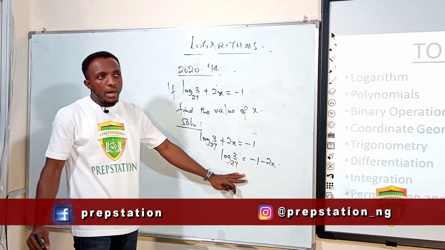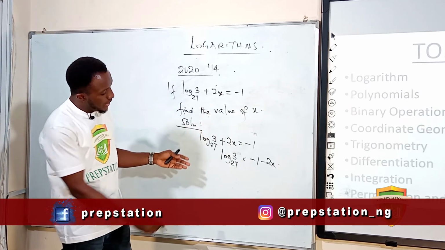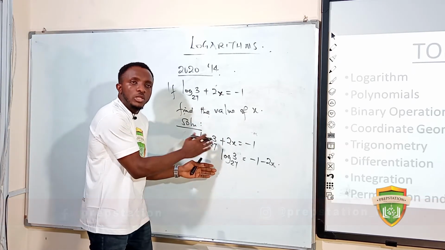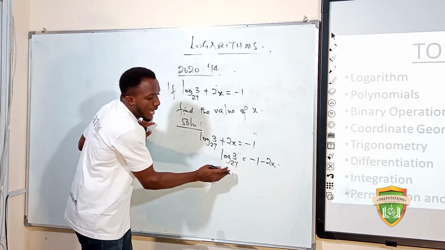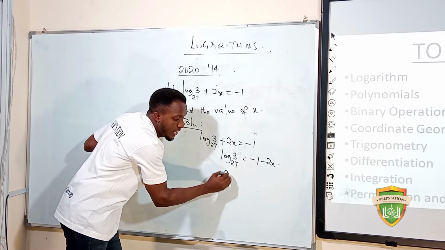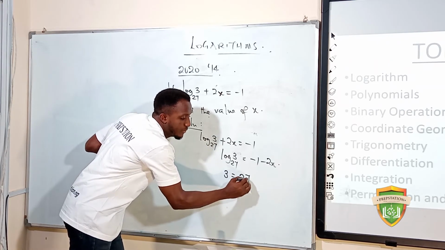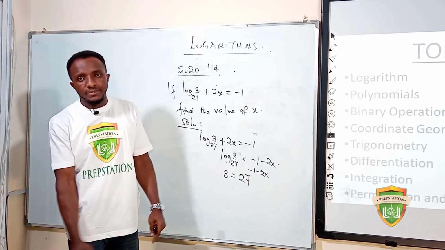Now, if you remember what I did, number 4, when I gave you the laws, I tried to convert logarithm to indices. Now, how did I do that, if you remember vividly? Now, this would give me 3 equals to 27 raised to the power of -1 minus 2x.